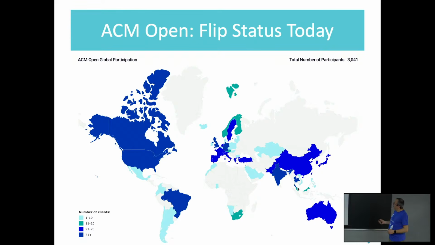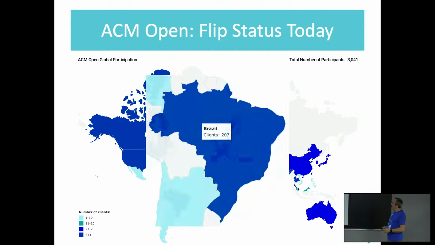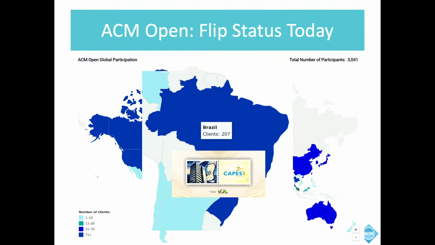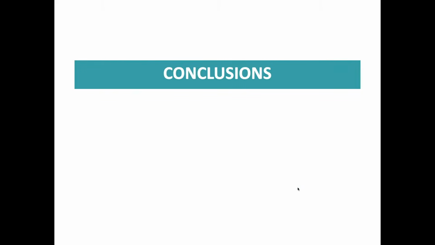More than 3,000 institutions are now participating in ACM Open, so their individual people don't have to pay. And here's Brazil. All public institutions are covered by a deal that CAPES did with ACM. So obviously, all of you can publish with ACM without having to pay, because the government paid. It's a 3-year deal, and in most cases these are renewed, so you're there for life.